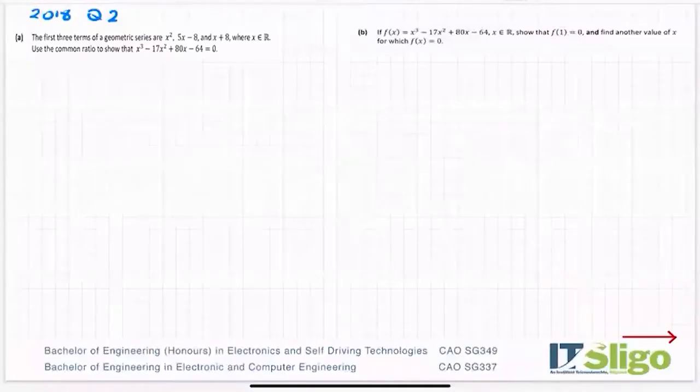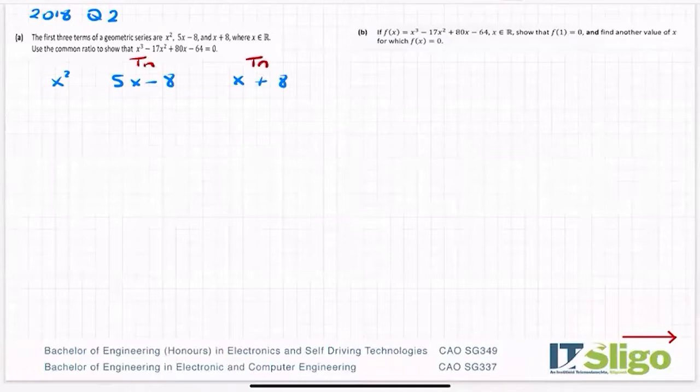A couple of other things, little hints, when you have multiple terms, not so much for this question, but it's good practice. So I'm going to write down the three terms here. It's x squared, it's 5x minus 8, and it's x plus 8. It's good practice to call the one in the middle Tn.